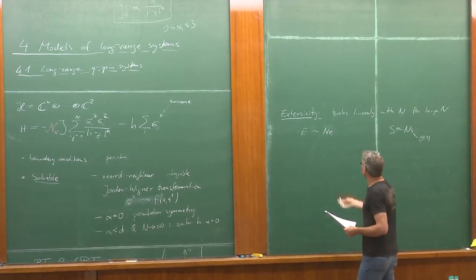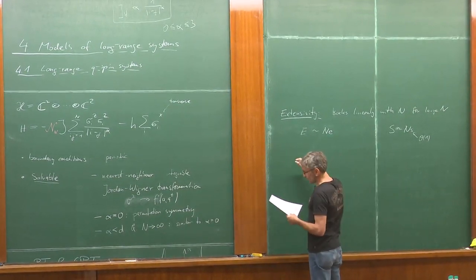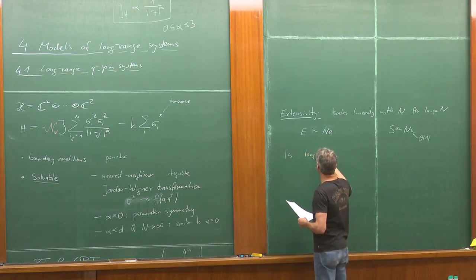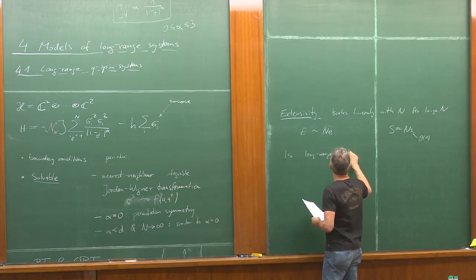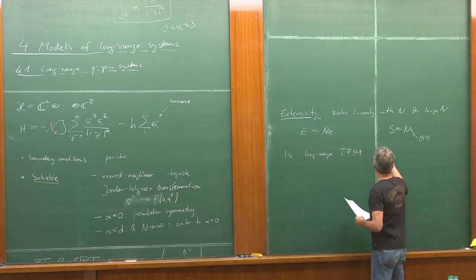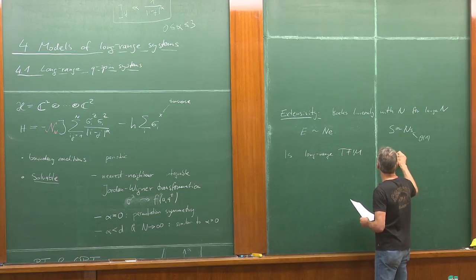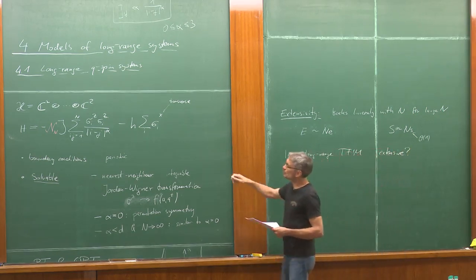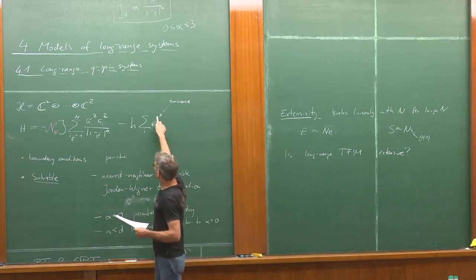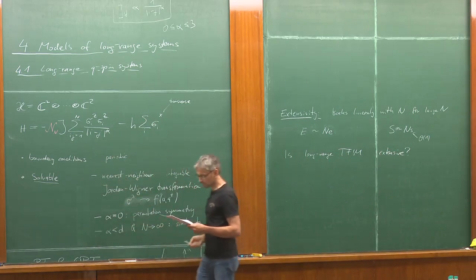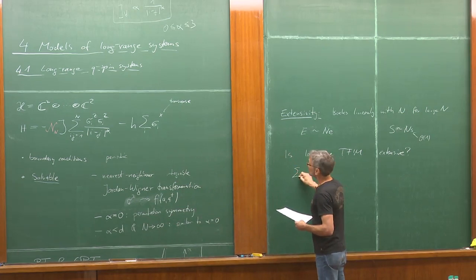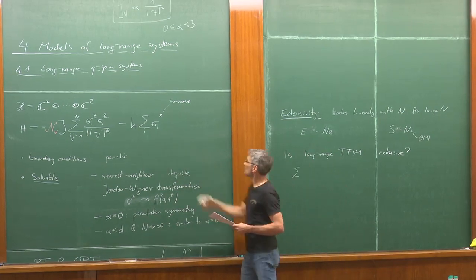So let's just use our model and ask the question: is the long-range transverse field Ising model extensive? What we need to do is try to estimate the size of these terms. So this is what we're going to do now. Let's start with the easier one, with this one here.